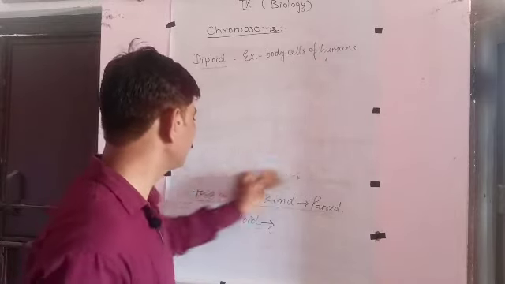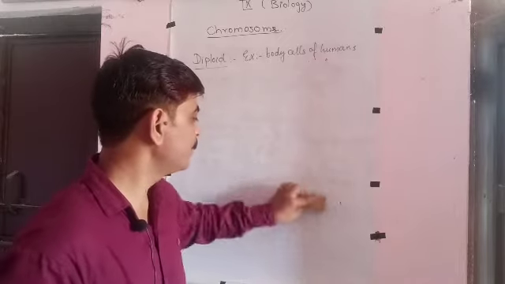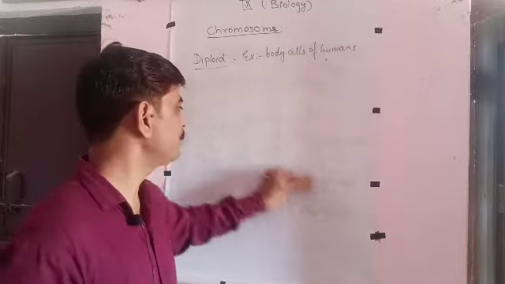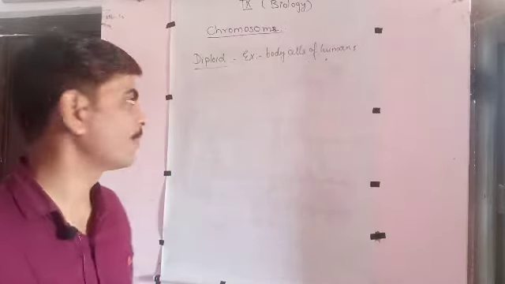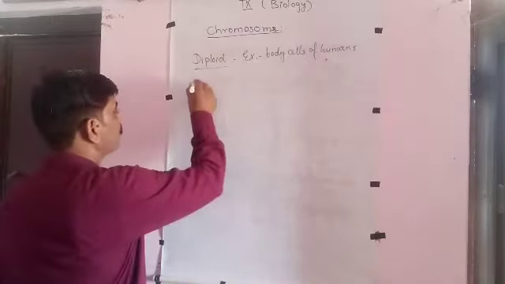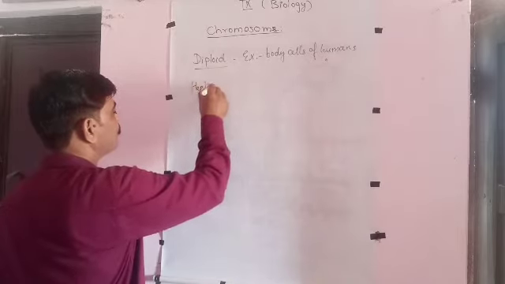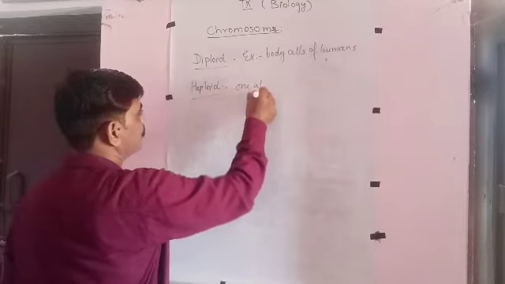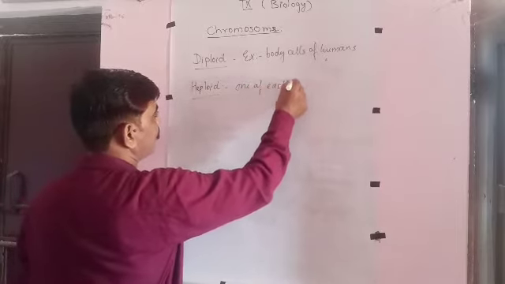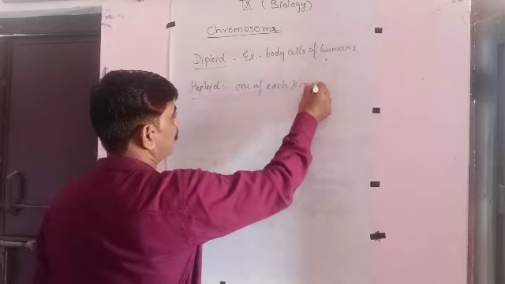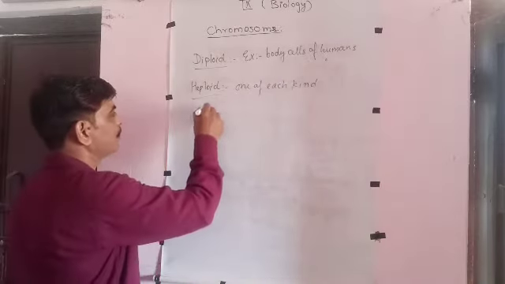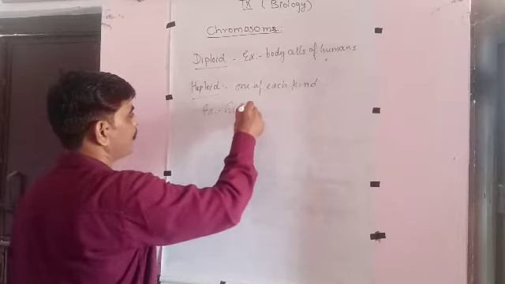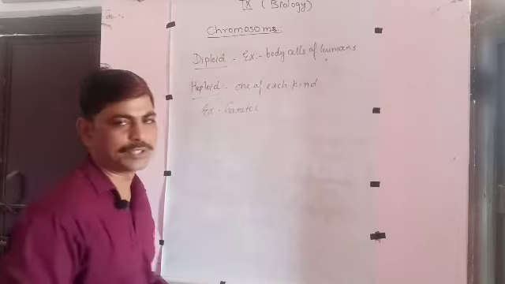Haploid number of chromosomes means they have only one set of chromosomes, that is one of each kind. You can take the example of gametes, which have one of each kind.